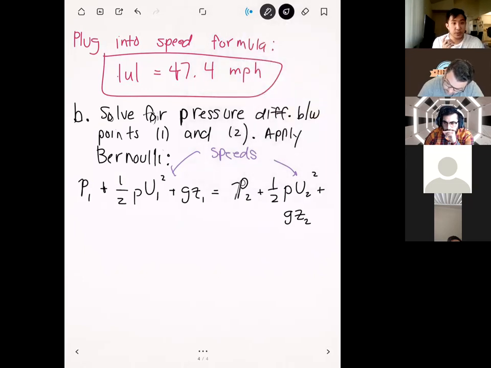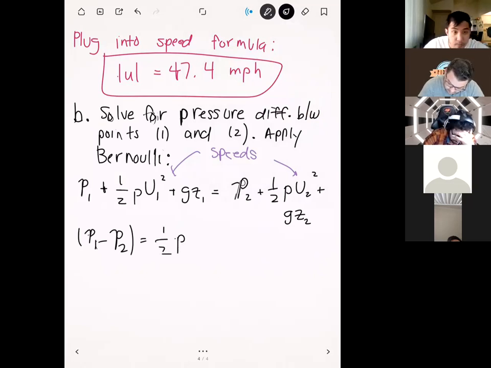And so the pressure difference between point 1 and point 2, we can just solve for it to be P1 minus P2 is equal to 1/2 rho times U2 squared minus U1 squared, sorry.